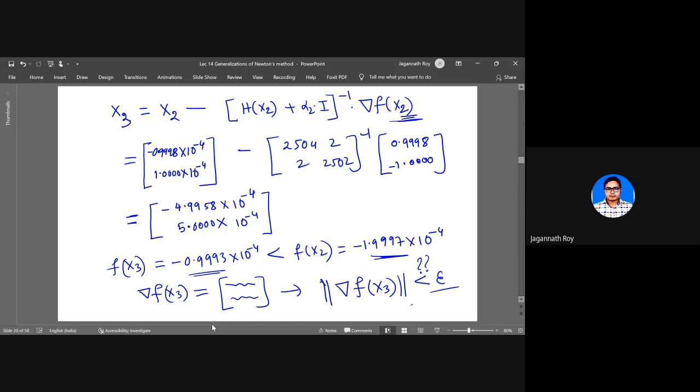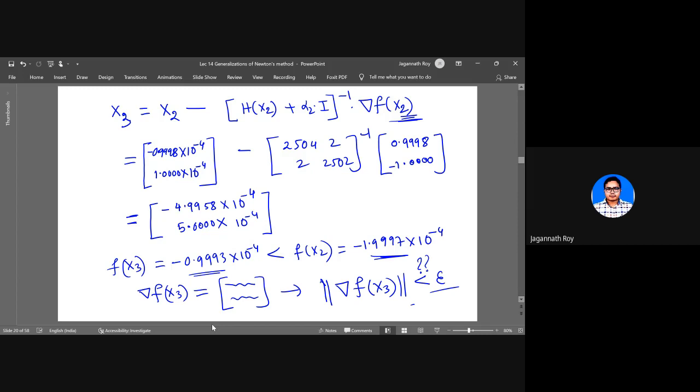If it is less than epsilon, then we stop, and if it is not, then we proceed. But in this case, it will not be optimal, so we have to perform some more iterations.